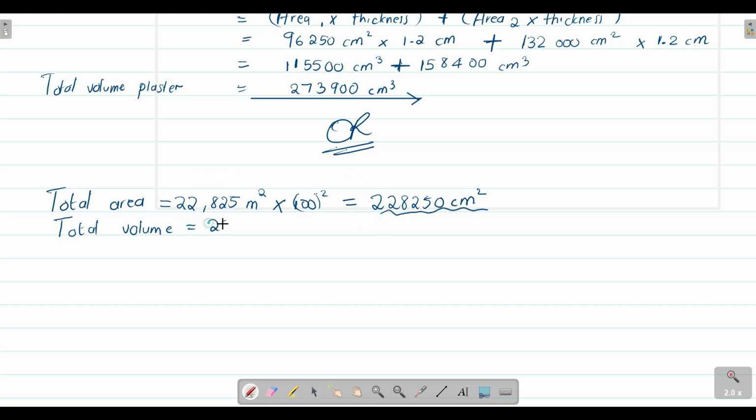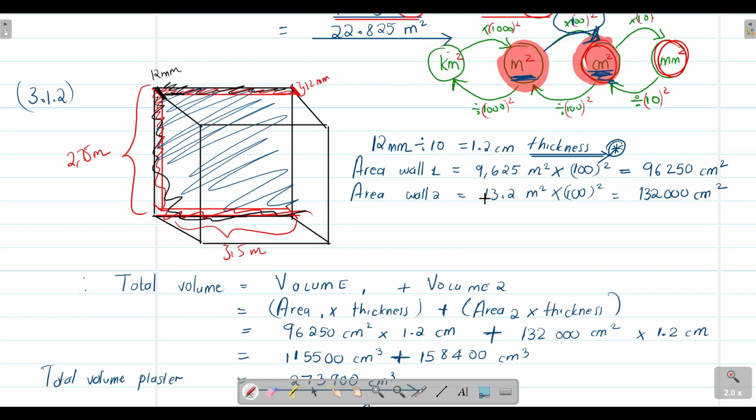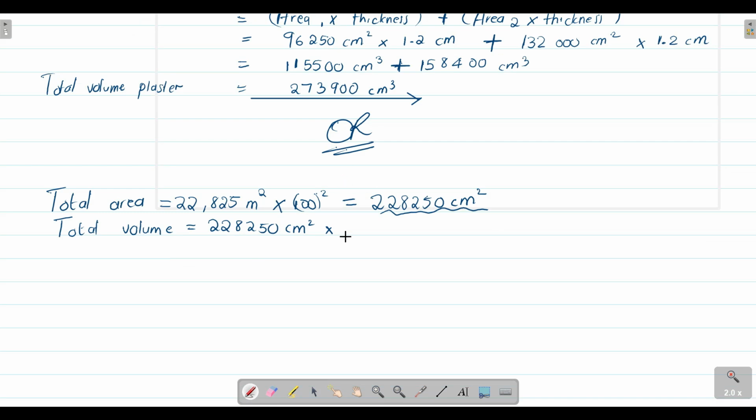Therefore, to get our total volume, that'll just be this area that we've calculated in centimeters squared, 228,250 centimeters squared, multiplied by the thickness, which remember we said is 1.2 centimeters. If you punch that into your calculator, you'll get 273,900.